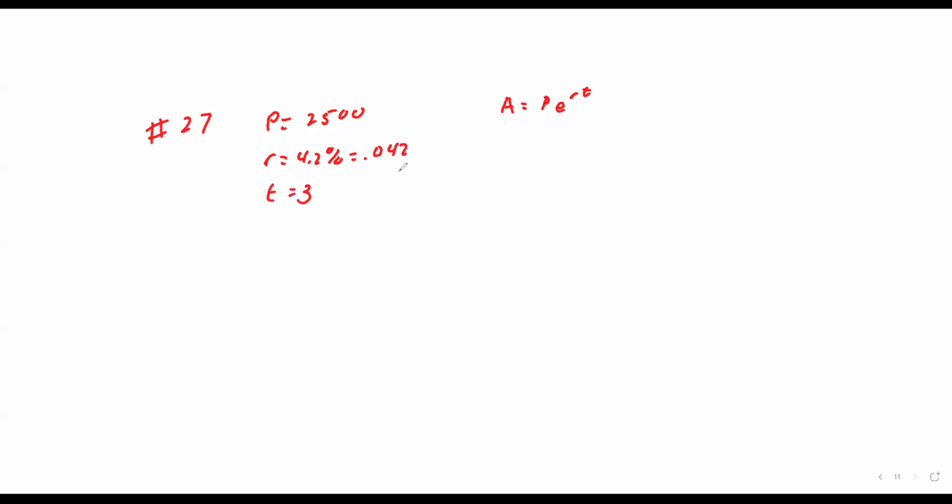So time equals 3. So now we just got to plug it in. So as this 2,500 times e, remember that's a number, raised to 0.042 times 3. So we go do that real quick.